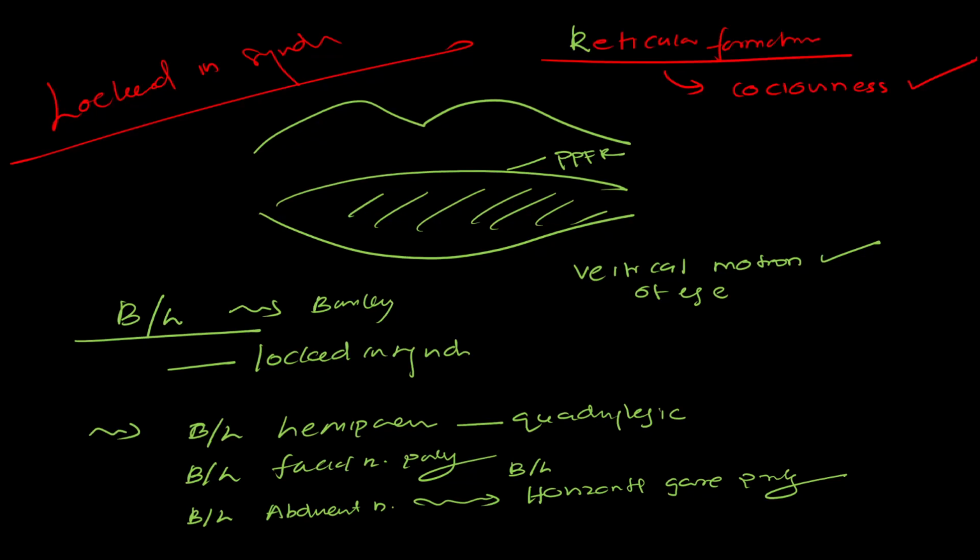Just do not split hairs over it, but know that there are a few others as well. So these are the major pontine lesion syndromes that you should know, and I have gone through them. Perhaps now, since I have gone through it in a very methodical manner, it would be easier for you to understand them rather than memorize them.